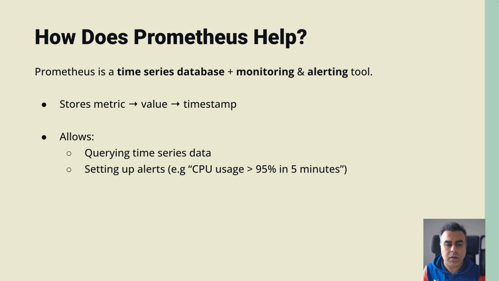And the other reason is we can set up alerts. For instance, as we mentioned in the previous video, we can define an alert that if the CPU usage metric is more than 95% in 5 minutes, create an alert, and we can be notified that our system is under heavy load.